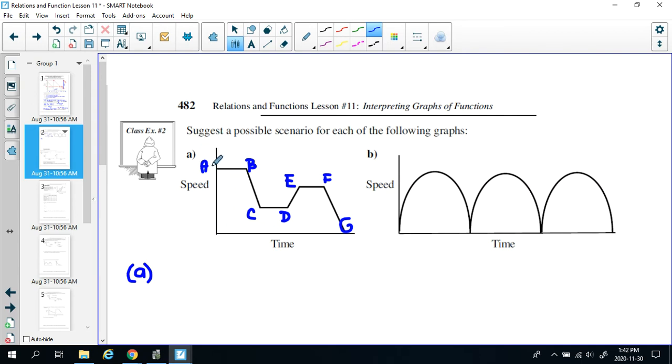So at first, from point A to point B, my speed is not changing. It stays at the exact same number. So what I could say here is from A to B, the car is driving at a constant speed.